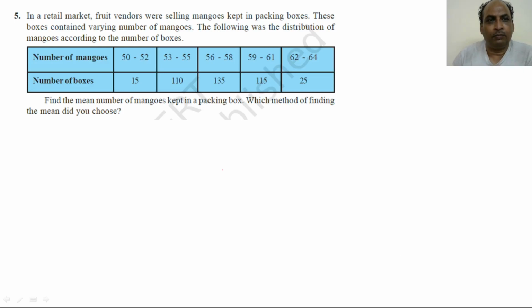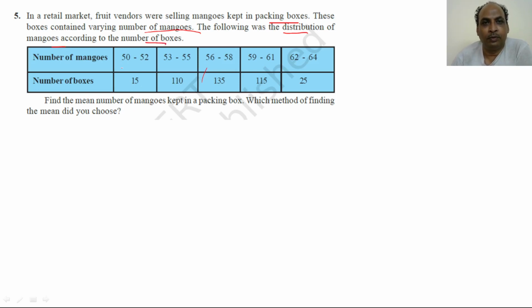Okay, so question number 5 says that in a retail market, fruit vendors were selling mangoes kept in packing boxes. These boxes contained a varying number of mangoes. The following was the distribution of mangoes according to the number of boxes.